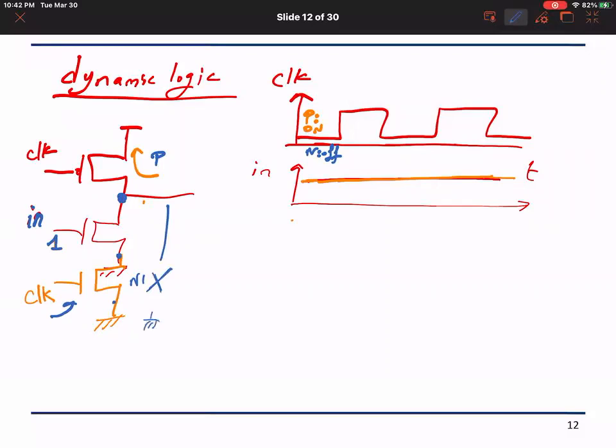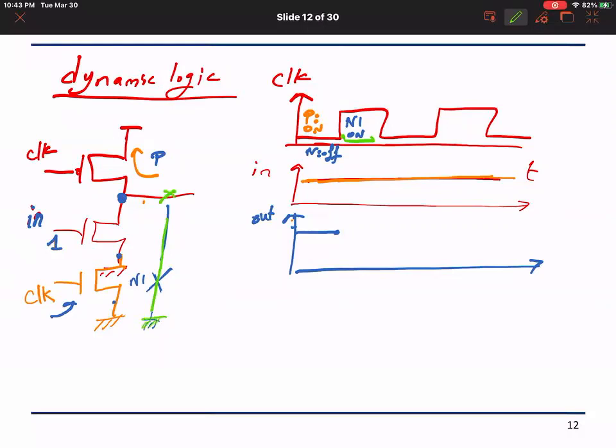So under this scenario, the output will be pulled up by the PMOS. And then when the clock becomes 1, N1 will be on, and the PMOS will be off, and therefore this will connect my output to ground.